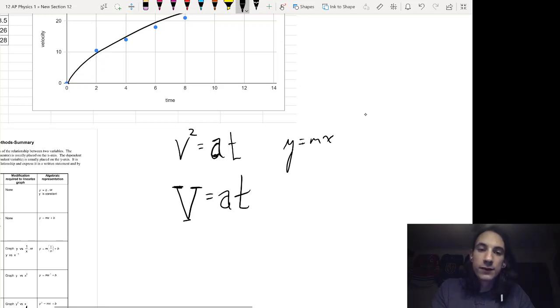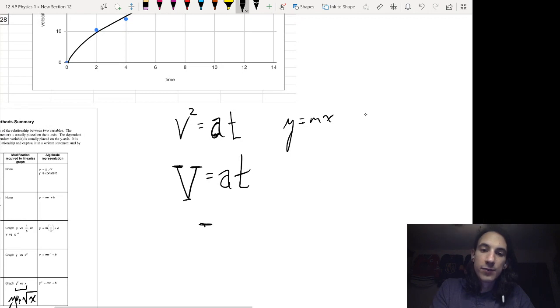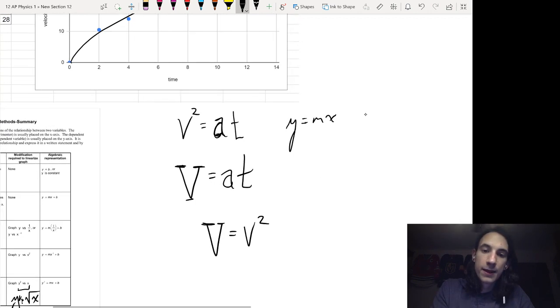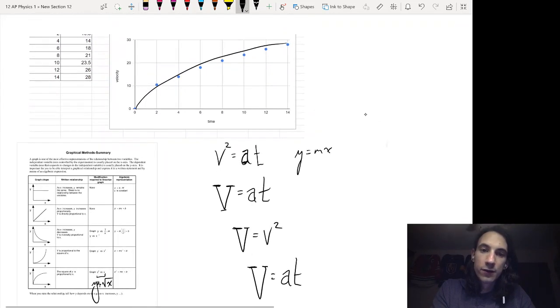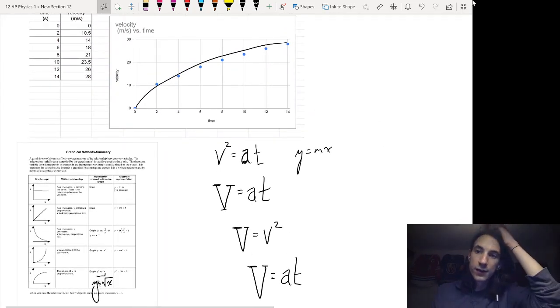So what we have to do is make this substitution and say this capital V is equal to v squared. Then we can graph V equals a times t. So let's go over to our Google Sheet and do that.